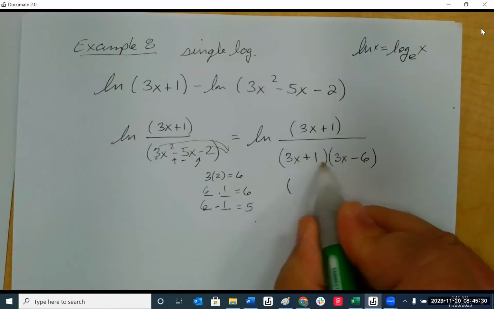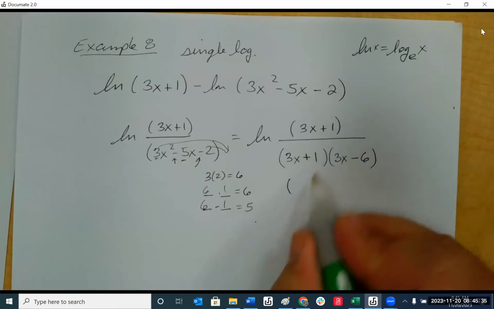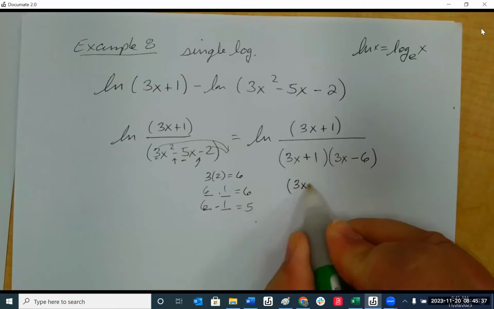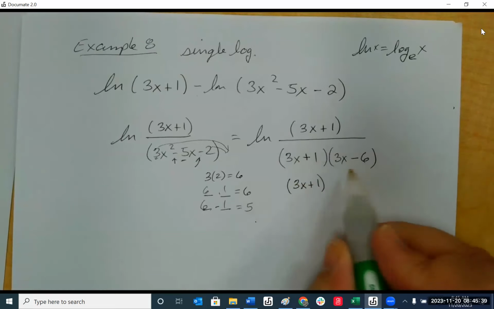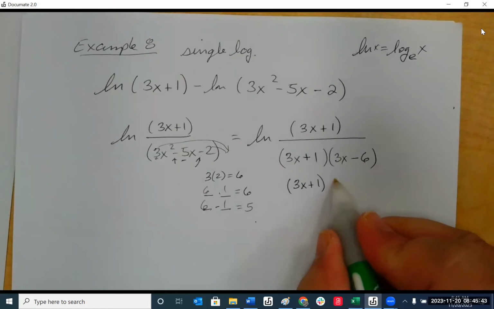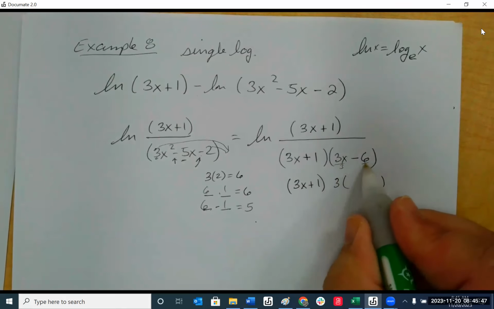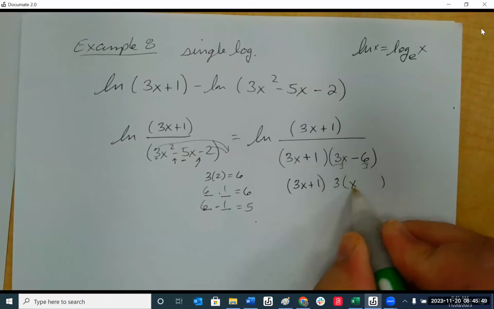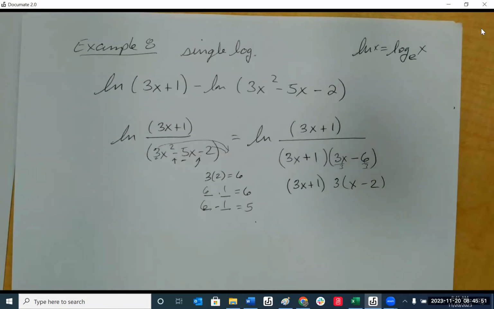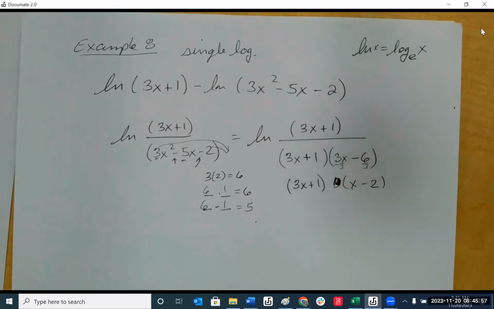Can you factor anything out of the first one? No. 3 and 1 are prime numbers. You can't factor anything out of the first one. Does the second one have anything you can factor out? A 3, right. So if we divide both of these by 3, all I get is x minus 2. Erase that 3 we factored out.